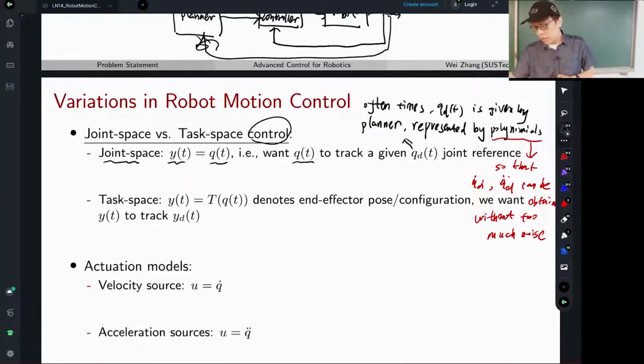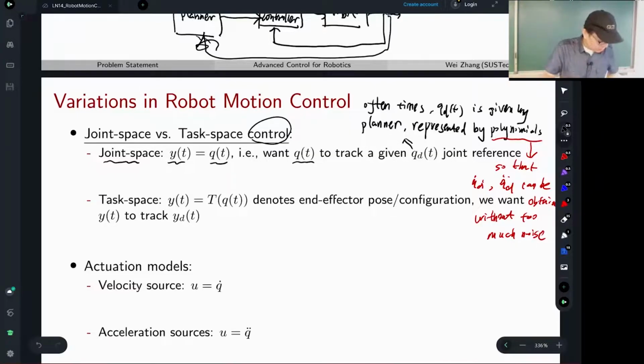So I need to go here, and the end effector motion is directly planned in the task space, my end effector frame here. And whatever joint reference I don't provide, I want the motion controller to figure that out automatically. That's typically called task space control, or more precisely, task space motion control.